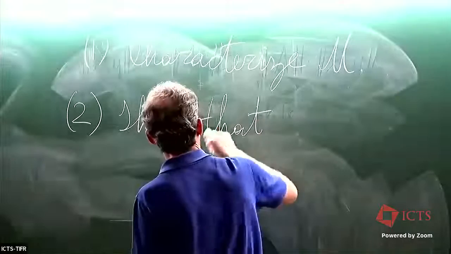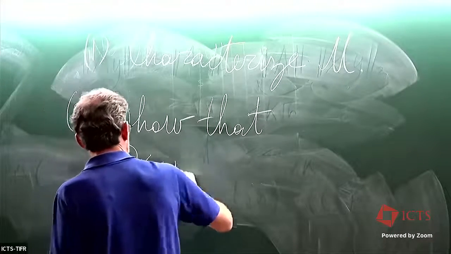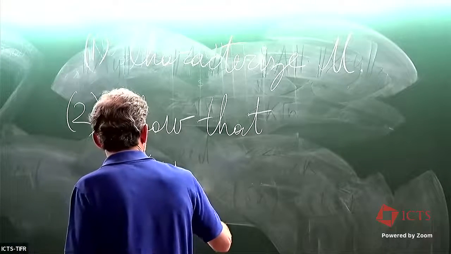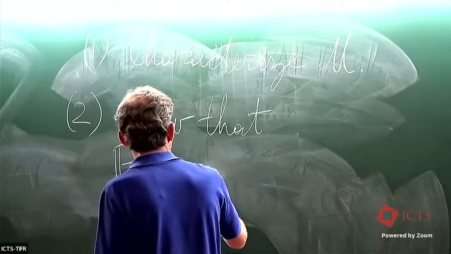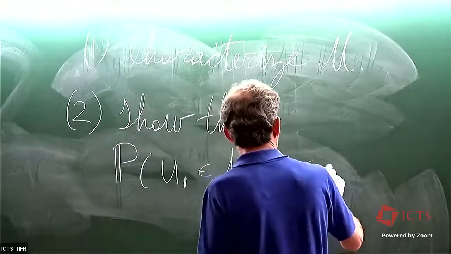And if it is so, then step 2 will be that the probability that U1 belongs to M is exponentially small. Before that I conditioned on U1. Let's release this condition, and let's prove that the probability that U1 belongs to M is exponentially small.